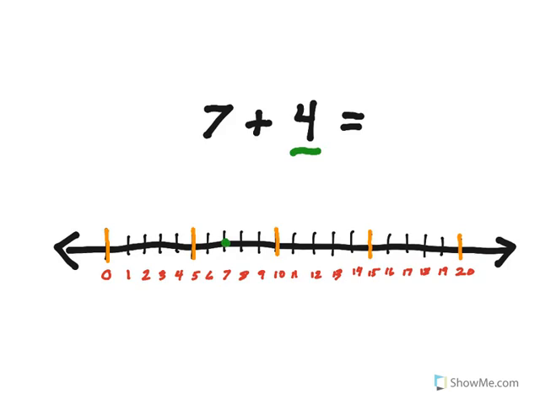So I'm going to go 1, 2, 3, 4. So I landed on 11. So my sum, my answer, when I'm adding 7 plus 4, my sum is 11. Okay, my answer is 11.